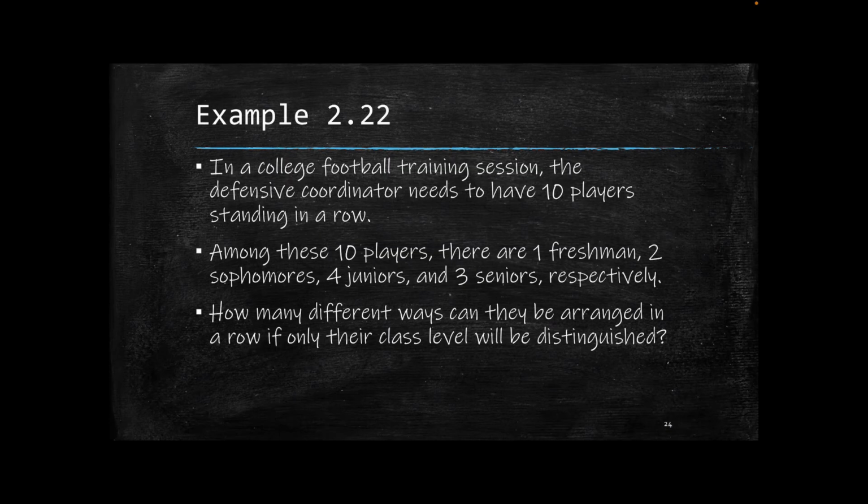Okay, so here we have a college football training session. The defensive coordinator needs to have 10 players standing in a row. So among these 10 players, there are 1 freshman, 2 sophomores, 4 juniors, and 3 seniors.